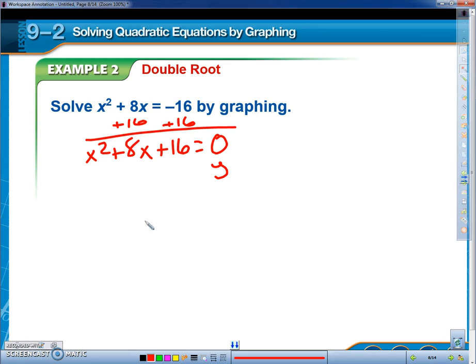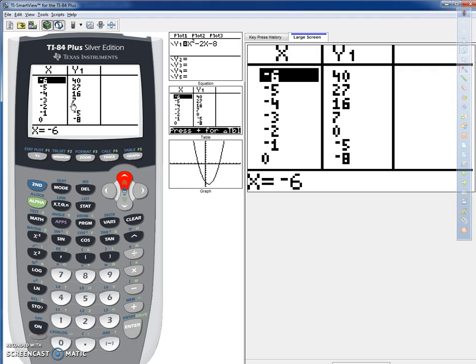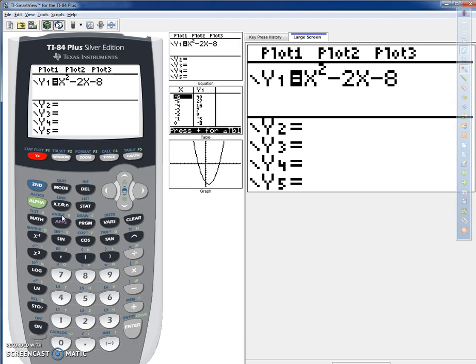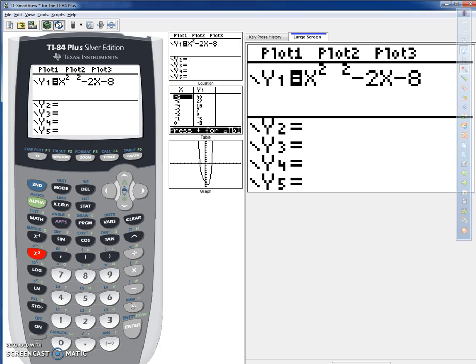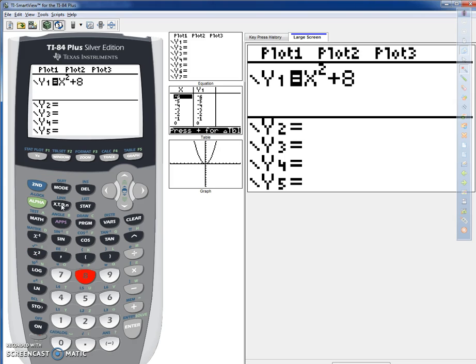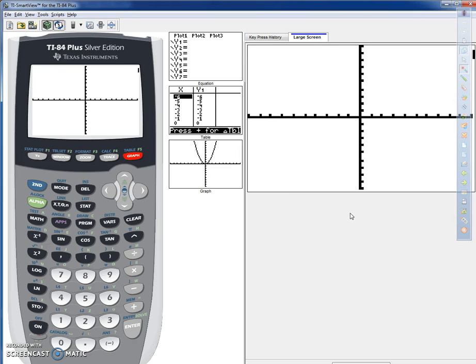So I'm going to put this in my y equals: x squared plus 8x plus 16. Let me clear everything out and start over. x squared plus 8x plus 16, and I'm going to graph it.